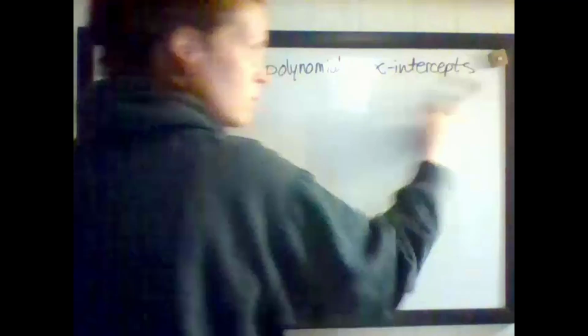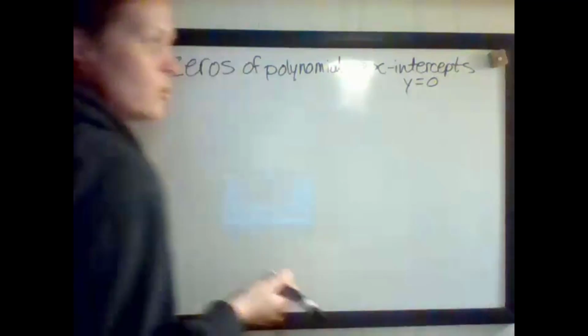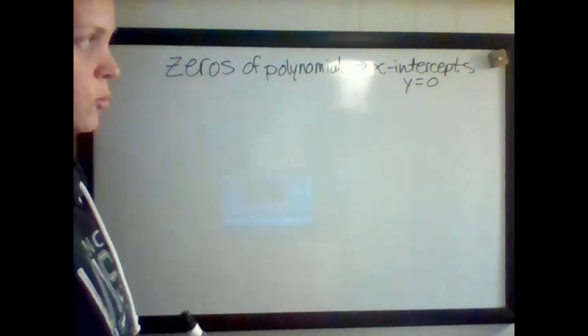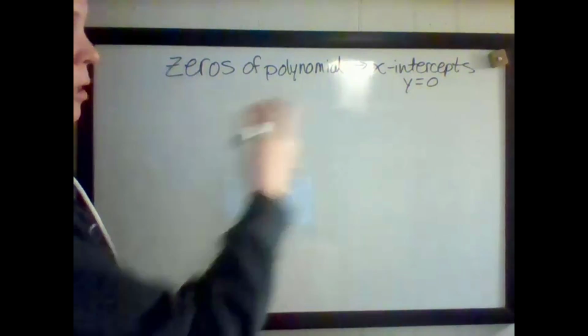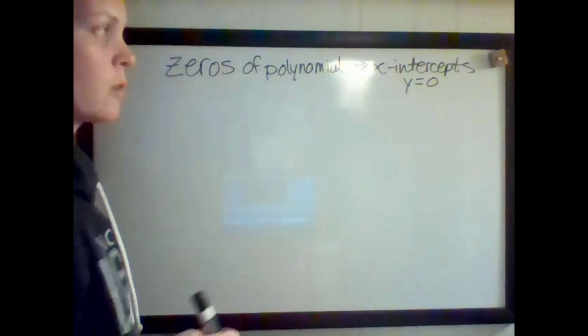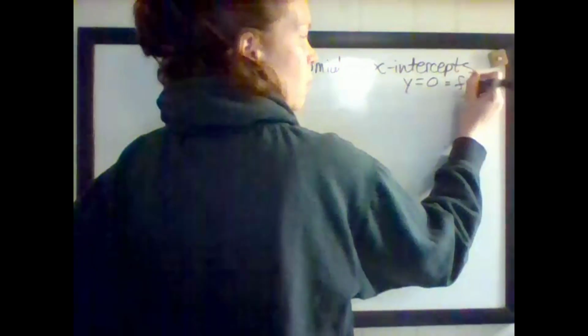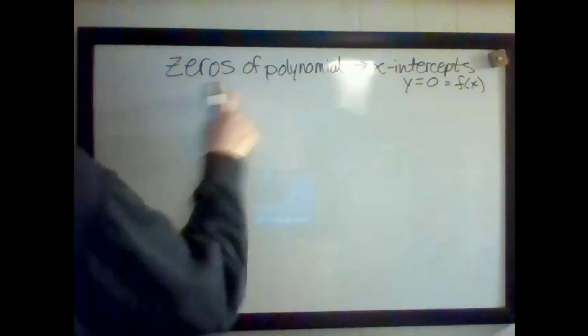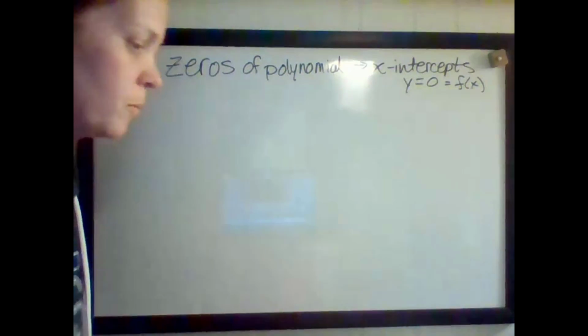And how do you find an x-intercept? That's when y equals 0. So if you have f of x equal to the polynomial, then plug 0 in for f of x, or y, and then we solve for x, and those are going to be our x-intercepts, called our zeros.